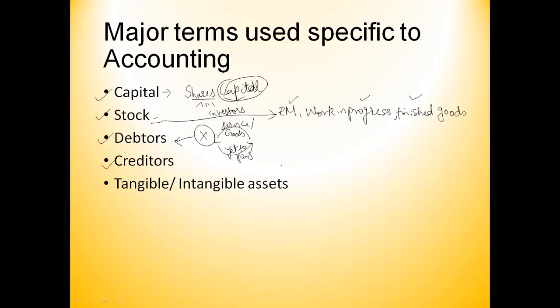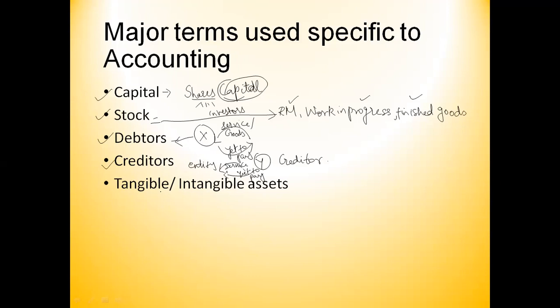For example, say the entity had bought or received a particular service from someone, Y, and has yet to pay. In this case, this Y is a creditor. I hope this is clear.